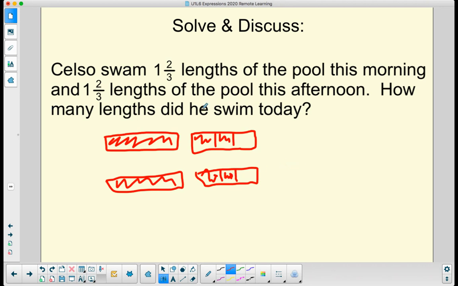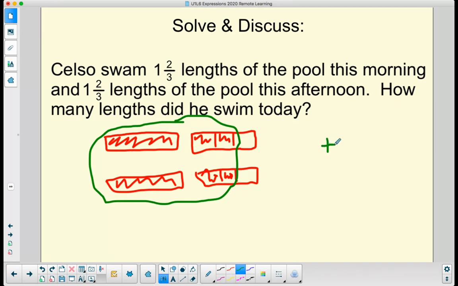So, how many lengths did he swim today? So that would be all that. So that tells me, hey, I'm going to add and find the sum. 1 2/3 plus 1 2/3.